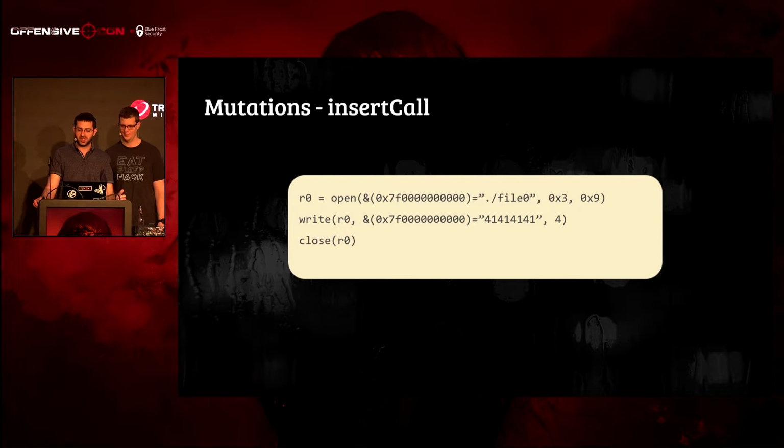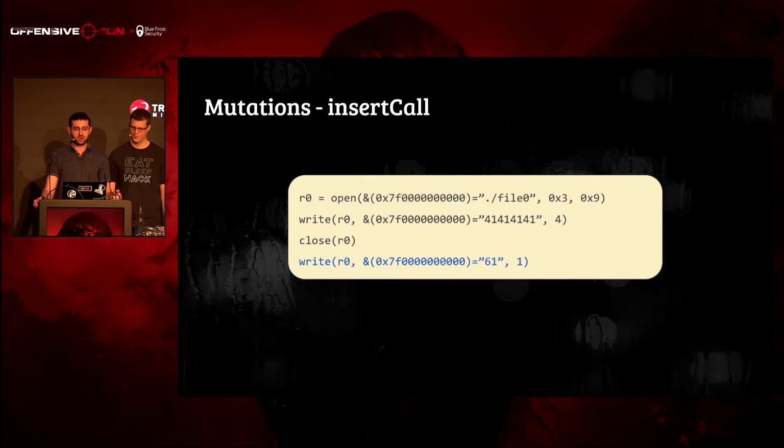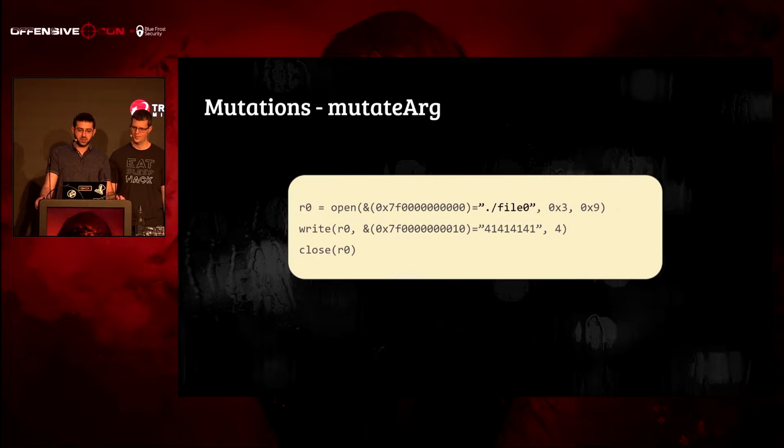Syscaller is also able to mutate existing programs with a few mutation strategies. Insert call will insert a call, making sure to have all required dependencies to successfully call the syscall. Mutate arg will mutate an argument according to its type.